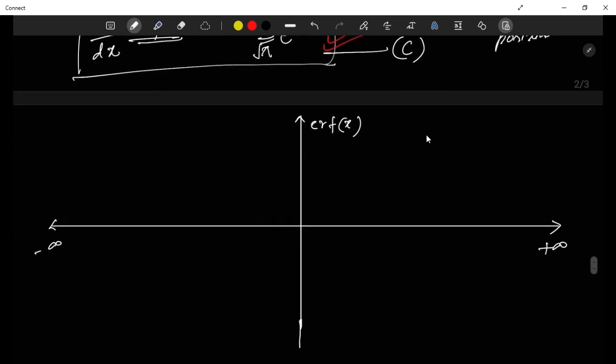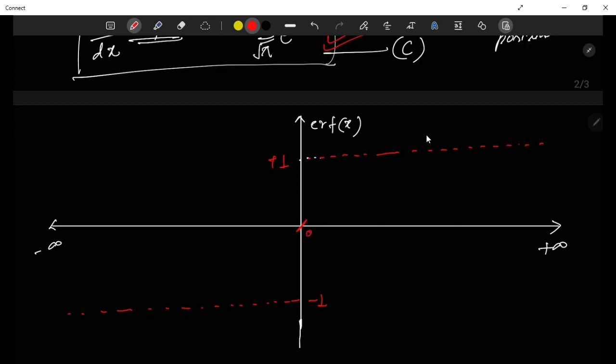Suppose I make some constant lines. This is the plus 1 line, and this is the minus 1 line. The error function is 0 at x equals 0, so this is the point (0, 0).